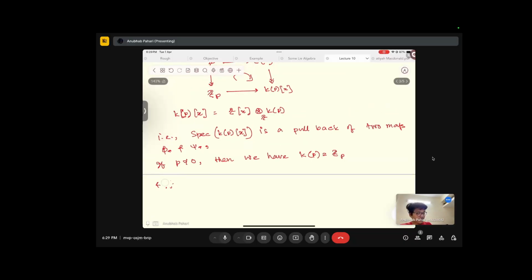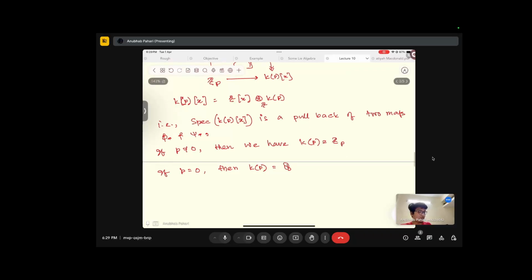And now if p equals to 0, then Kp equals to Q, because Z localized at 0 is Q, right?